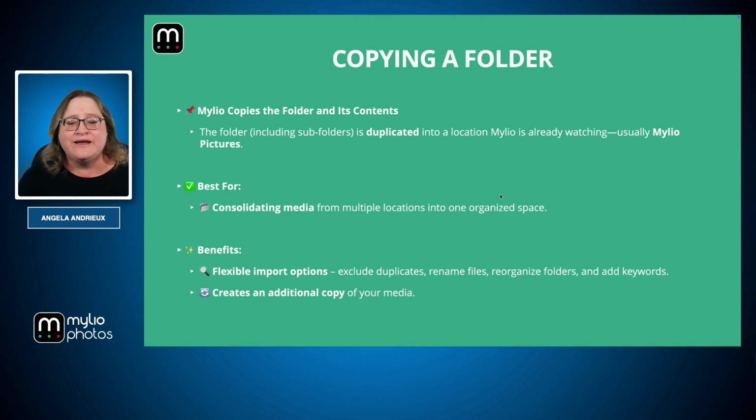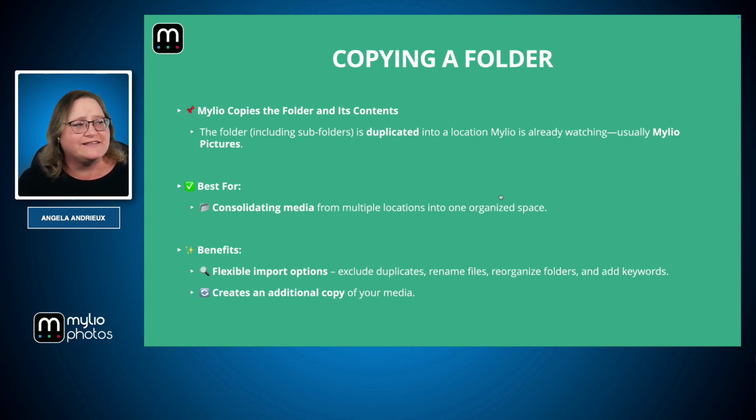Additionally, it also creates a copy of that media. So a lot of times when people are coming to Mylio, their stuff is scattered, their stuff is not backed up, and by copying from that source into the Mylio Pictures folder, you're making a duplicate, which means you're basically creating a backup. So you have more than one copy of that file. So that can be a really good choice for a lot of people.